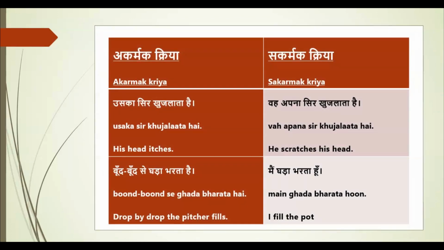Now to understand akarma kriya and sakarma kriya, I have put the examples in two different columns. The first example under akarma kriya is उसका सिर खुजलाता है. This means his head itches.